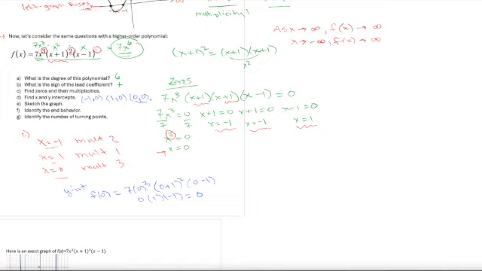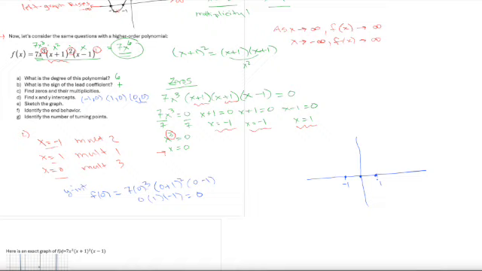Okay, so now we would come to sketching the graph. So when I sketch the graph, I would plot the intercepts. So I have negative 1, 1, and 0. So these are the intercepts.